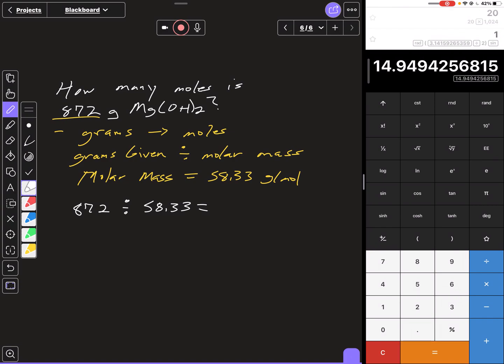When I calculate it, I need to round my answer to 2 decimal places. 14.949 would round to 14.95. My units will be moles of MgOH2.